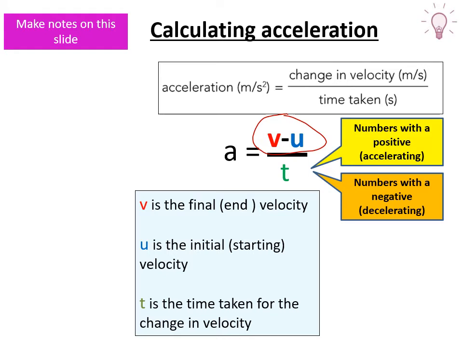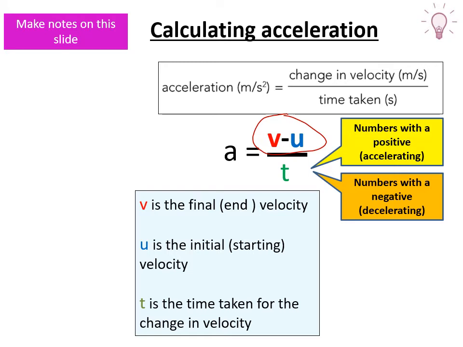If the answer that you get is positive, that means whatever you've worked out is speeding up and getting faster and accelerating. If the answer is negative, it's decelerating, so it's slowing down. So you might get a negative answer when you work out acceleration, and that does not mean it's wrong.